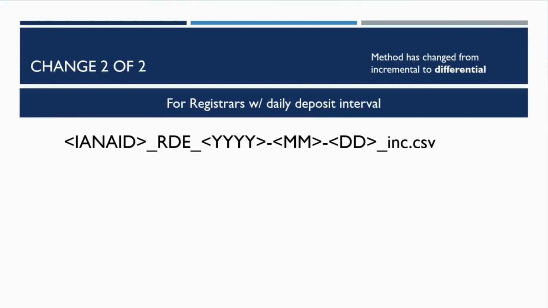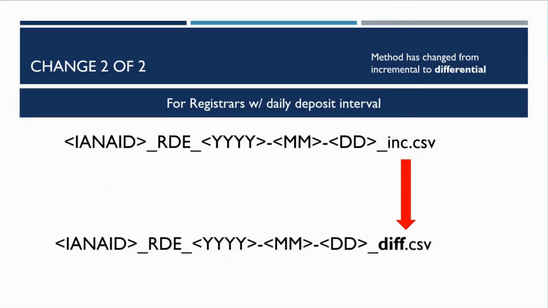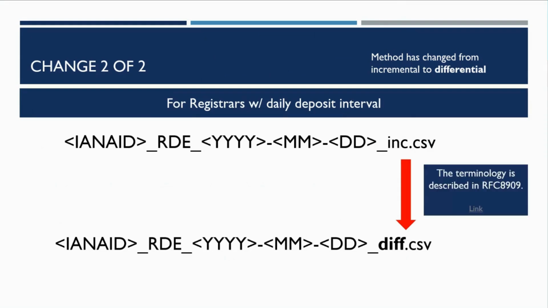Now we are coming to the second change. This is for registrars with a daily deposit interval. They are uploading once a week a full deposit and on all other 6 days an incremental deposit. And the method has changed. Now it is necessary with the new specification to upload differential deposits instead of the incremental deposits.